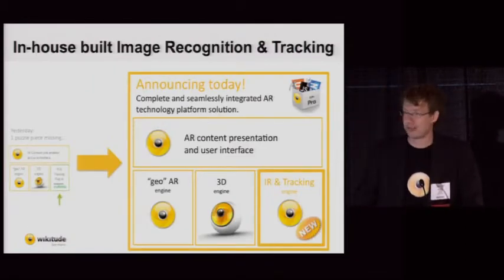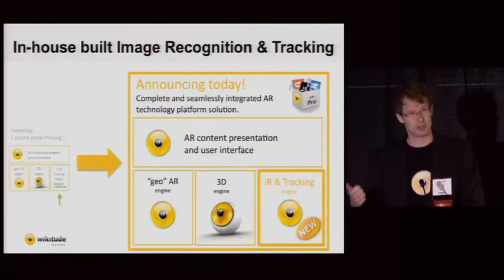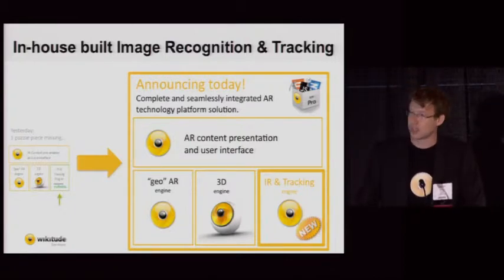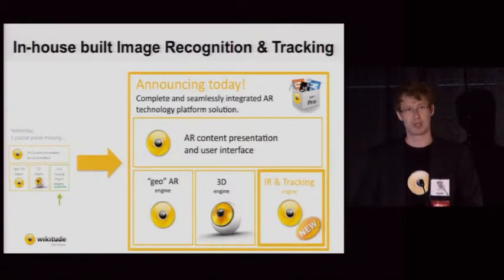If you have developed with the Wikitude SDK, you will have seen that it is built on three main building blocks. One is the Geo-AR engine. The second one is the 3D engine, and the third one is the image recognition engine. Up to very recently, we were using the Vuforia SDK from Qualcomm for the image recognition tracking.